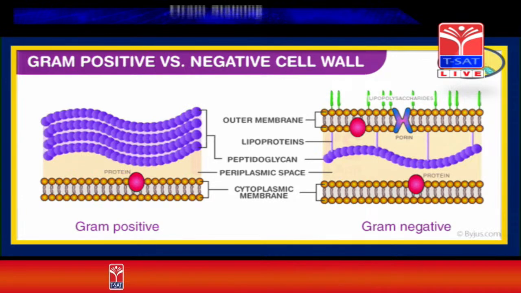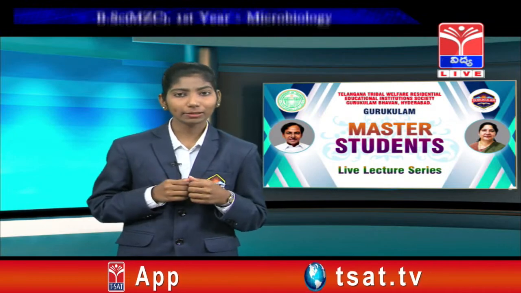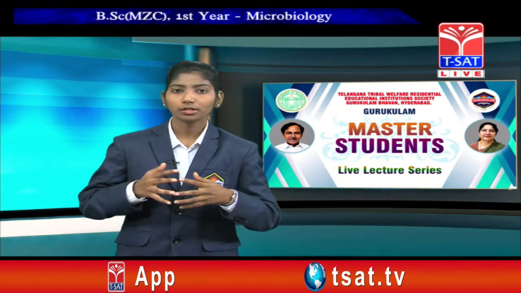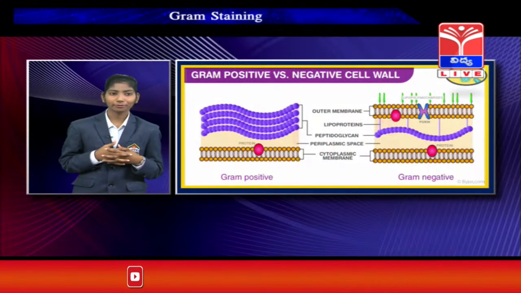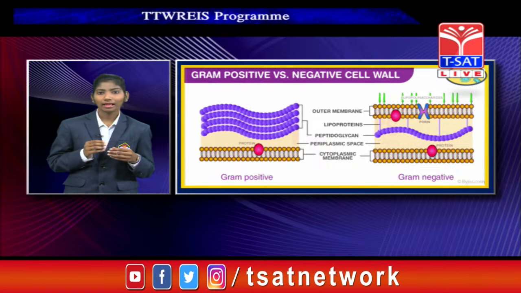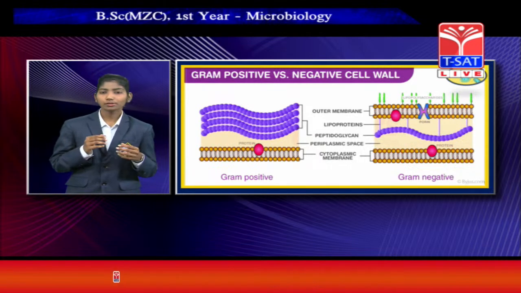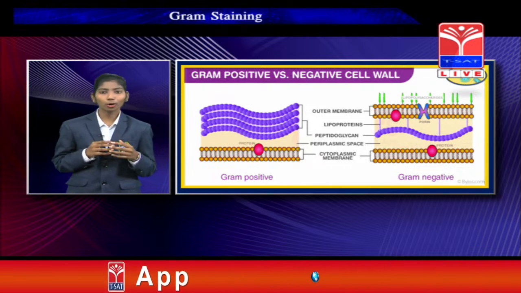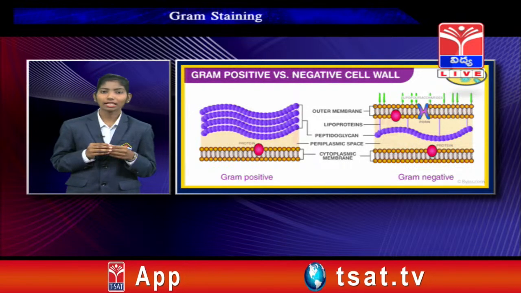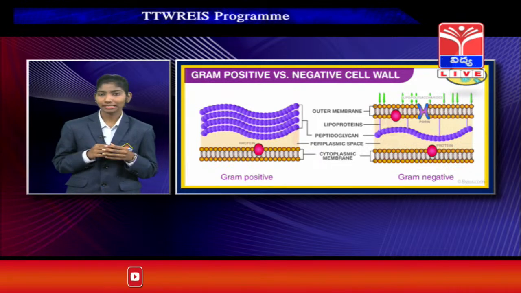In the glycan portion we have two alternating units, namely NAG and NAM. What is meant by NAG, friends? NAG means N-acetyl glucosamine and NAM means N-acetylmuramic acid. These are the two alternating units which are interconnected by beta-1,4 glycosidic linkages.